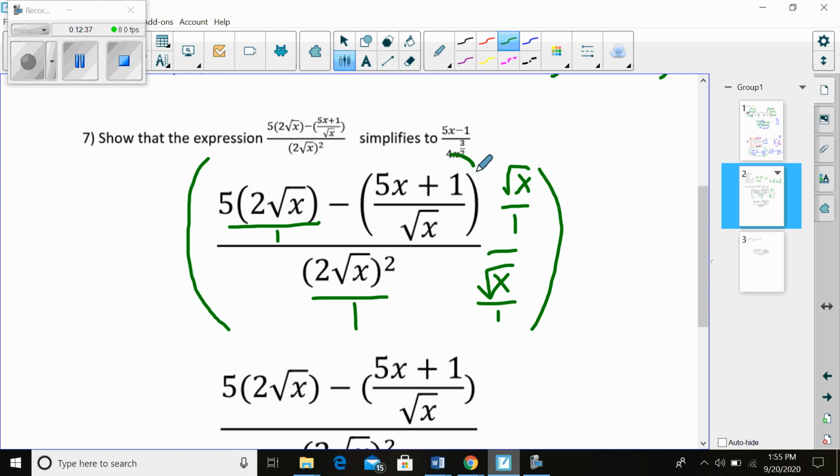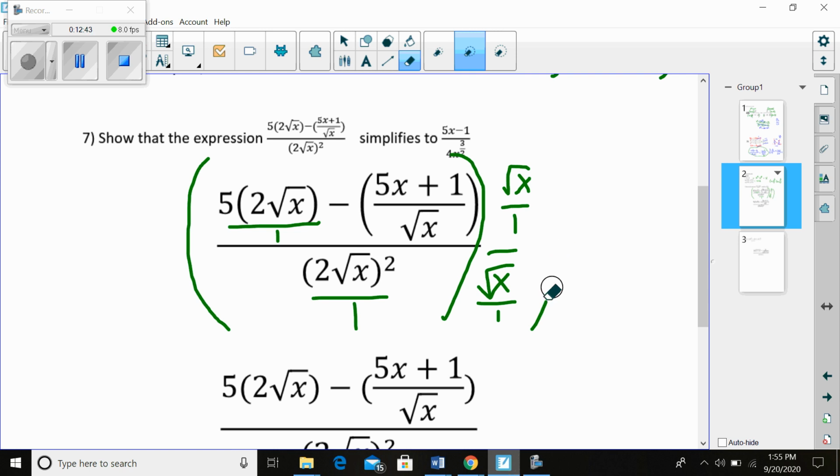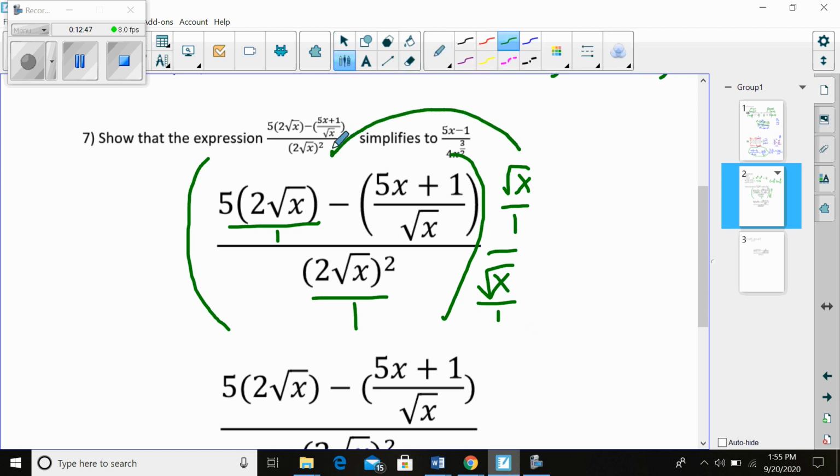Oops, wait, I meant to put parentheses there because I'm going to take this and distribute it into each term.